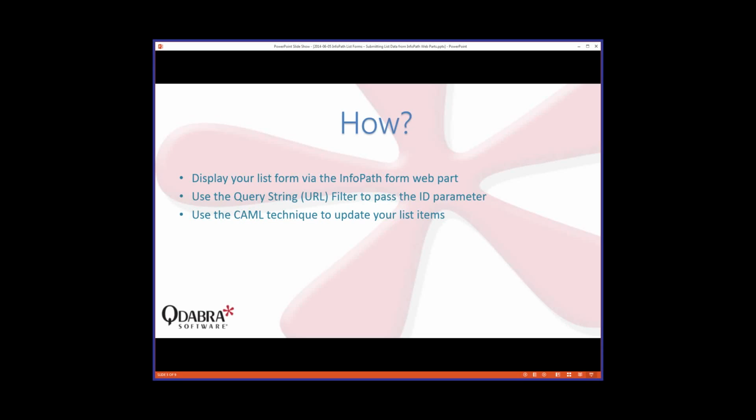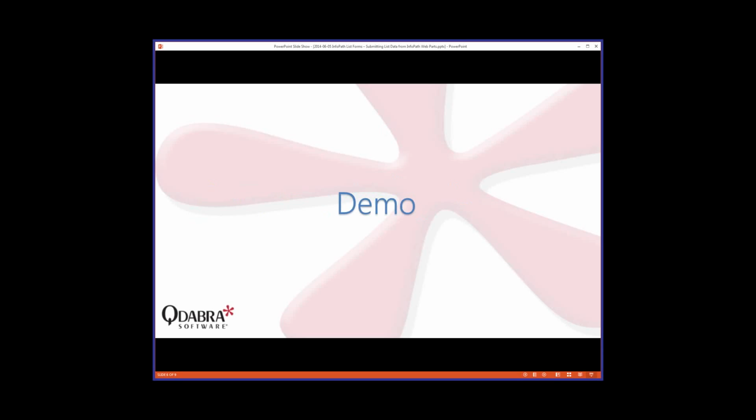And then for submit, since unfortunately today QRules doesn't support InfoPath list forms, we can use the camel technique. It's codeless, and it's actually out of the box, although a little harder to configure, but it does work for submitting new and updating existing list items. And I will be showing you how to do that.